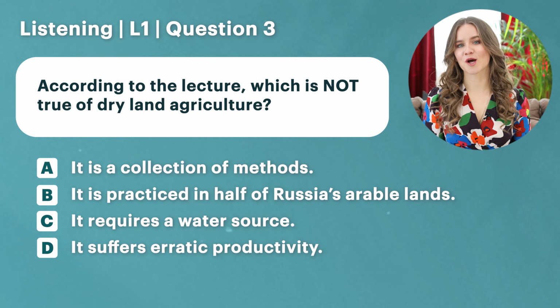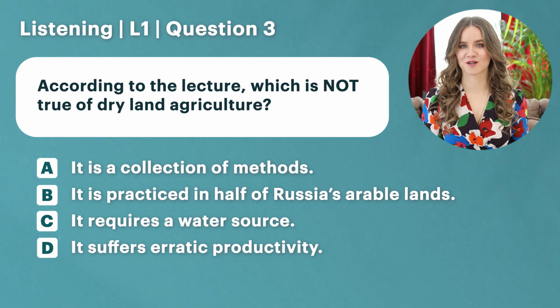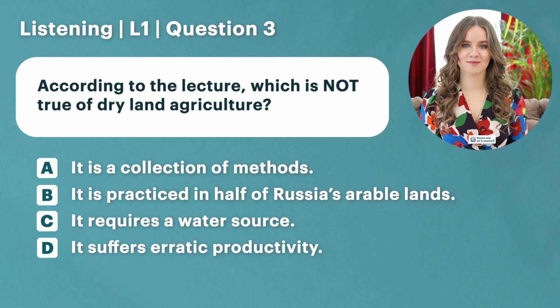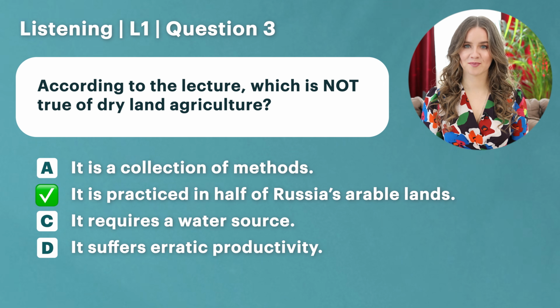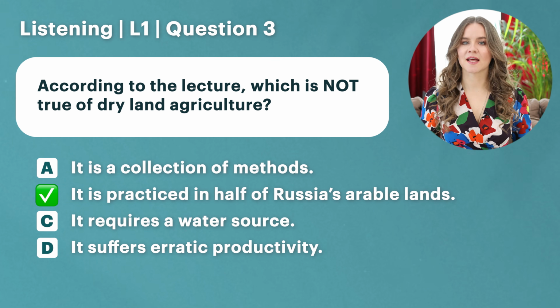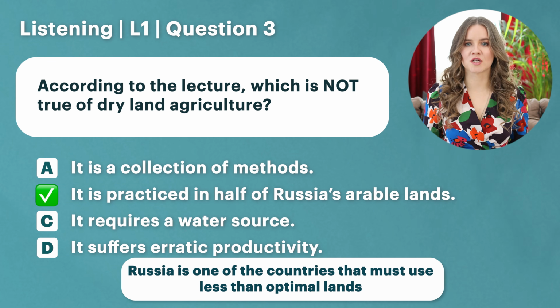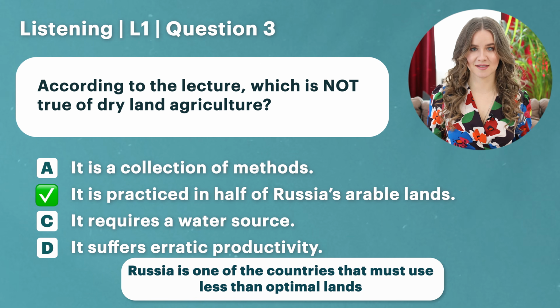Question 3. According to the lecture, which is not true of dry land agriculture? Answer B is correct. It's practiced in half of Russia's arable lands. In the lecture, the professor mentioned Russia as one of the countries that must use less than optimal lands.